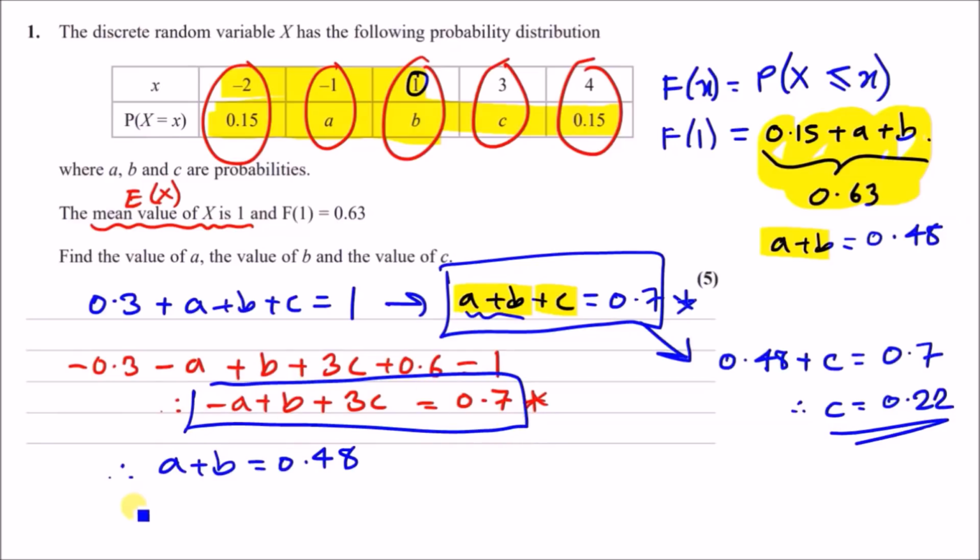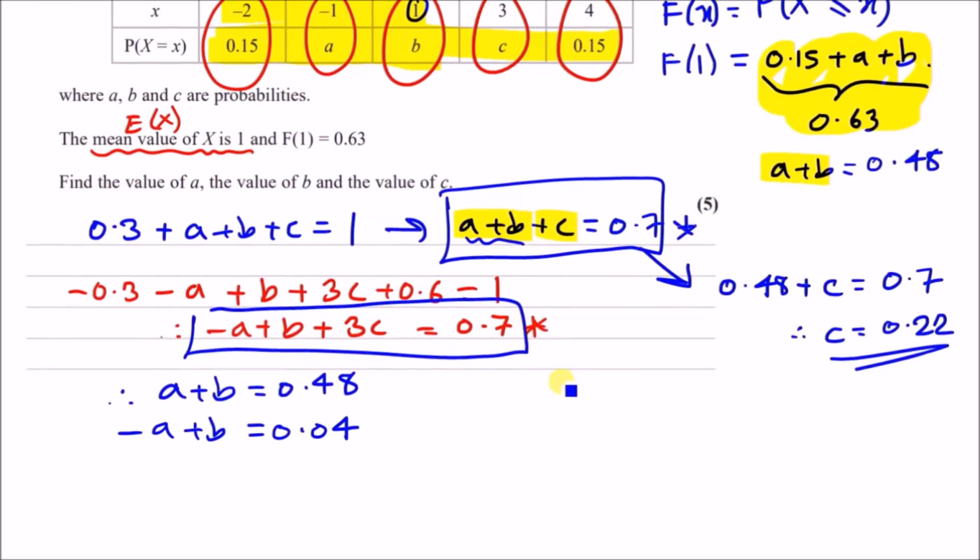So we're left with minus a plus b equals 0.7 minus 3c. c is 0.22, so 3c is 3 times 0.22, which is 0.66. 0.7 take away 0.66 gives us 0.04. Almost done. All you have to do now is solve these two pairs simultaneously. There are a number of ways you can do it. What I'm going to do is literally add them up here, because that's easy.